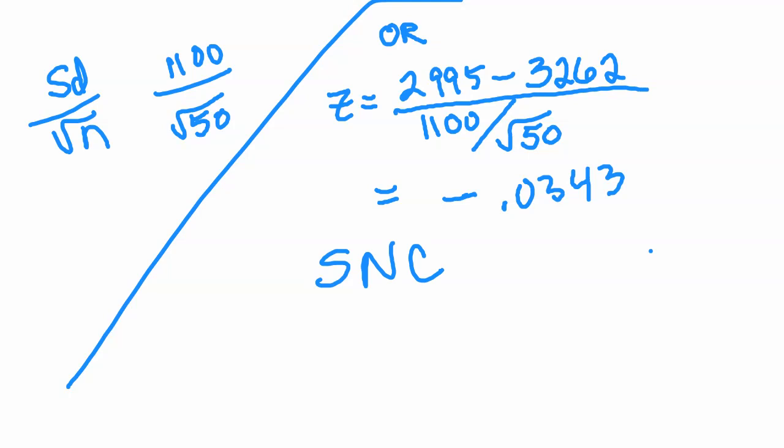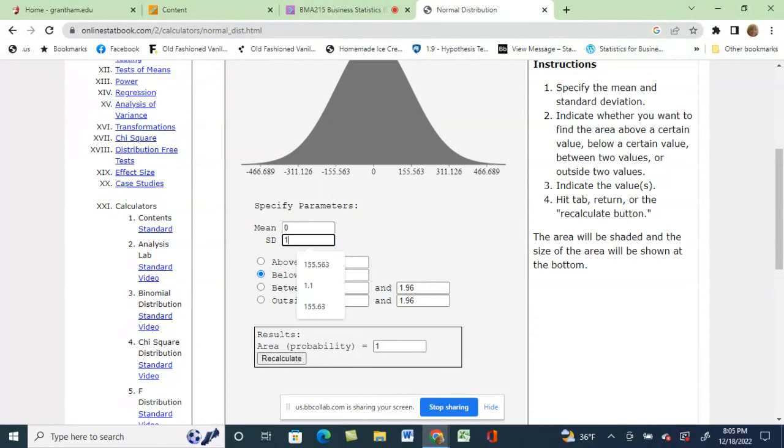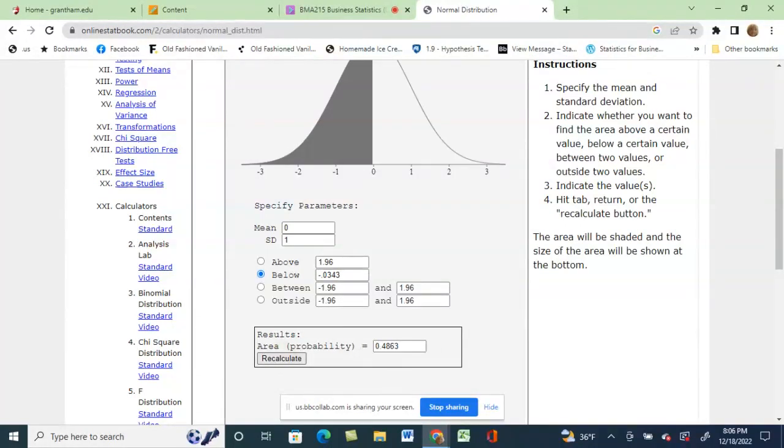I'm going to go back to my calculator. I'm showing you I'm going to get the same answer. Before, I used the mean, and then I did the standard deviation divided by the square root of n, and I said below 2995. I'm going to get the same answer if I actually find the z-score. So below negative 0.0343, and calculate that.